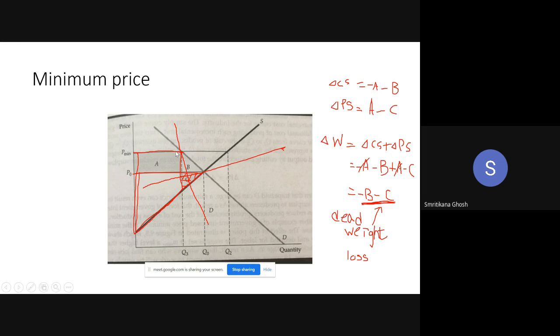Okay. So any query from this diagram? Is there any query from the diagram?